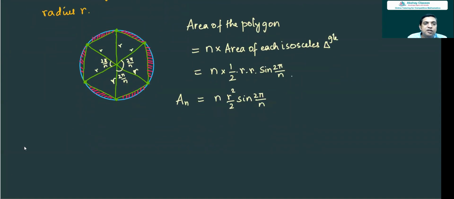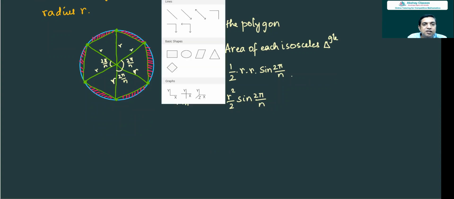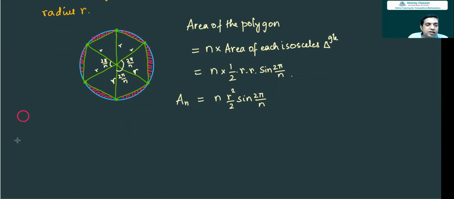All right. Suppose you have 4 sides, a circle with a square inscribed in it.